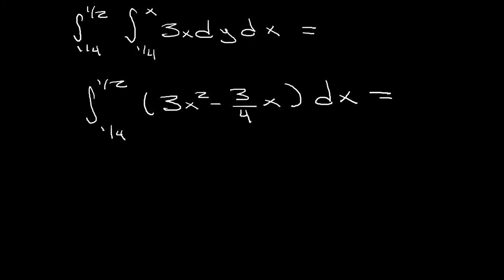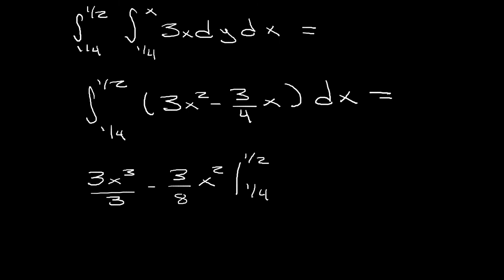which is just 3x³ over 3 minus 3/8 of x², and everything is going to be evaluated in the limits of x, right? So this is going to be x³ because these cancel each other, minus 3/8 of x², again with the limits 1/2 and 1/4.